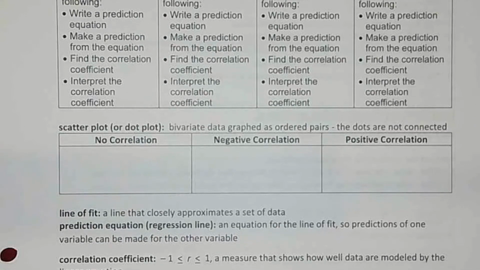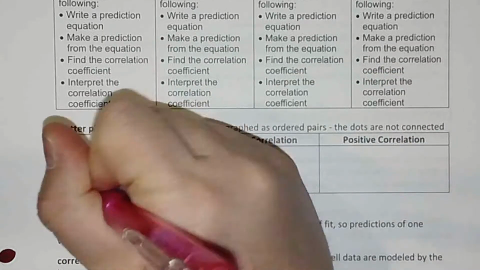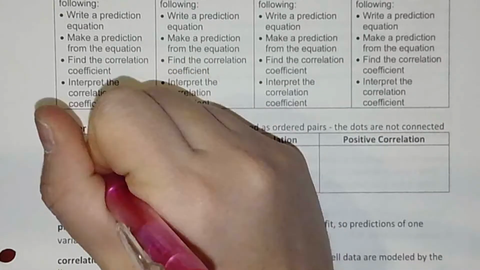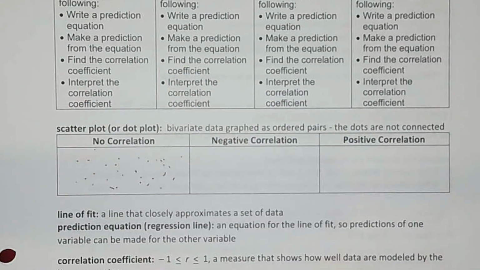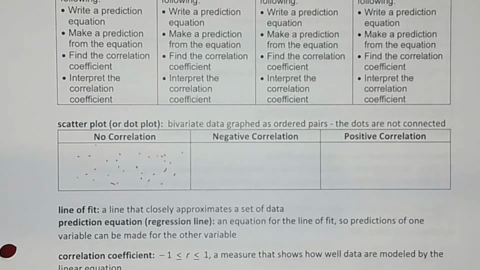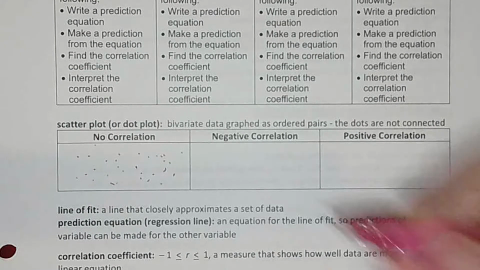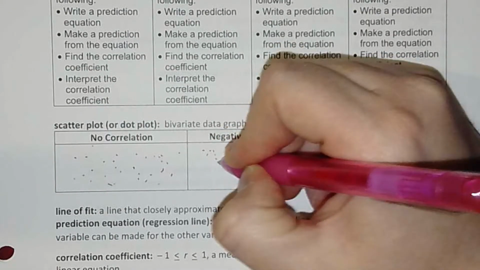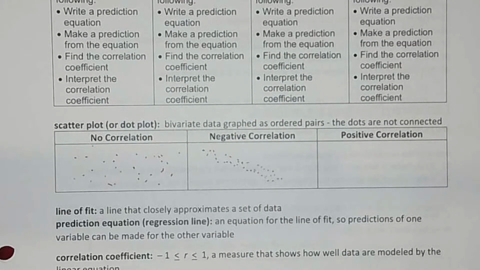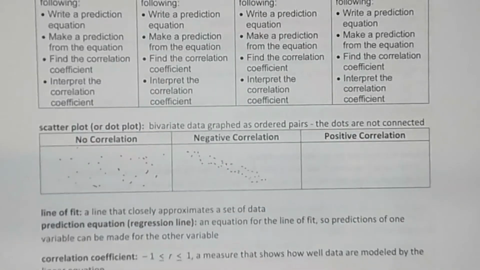Data that has no correlation is data that has no set process to it. It's just a bunch of random dots. Negative correlation is data that forms a negative line, so the data follows a negative process.